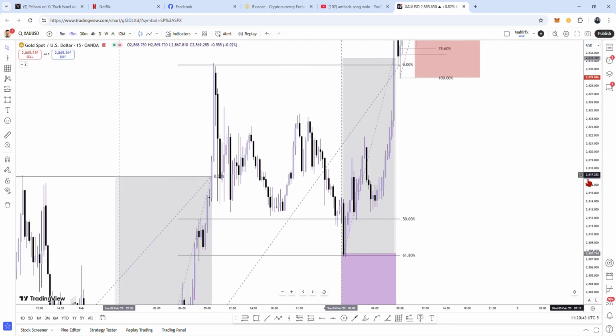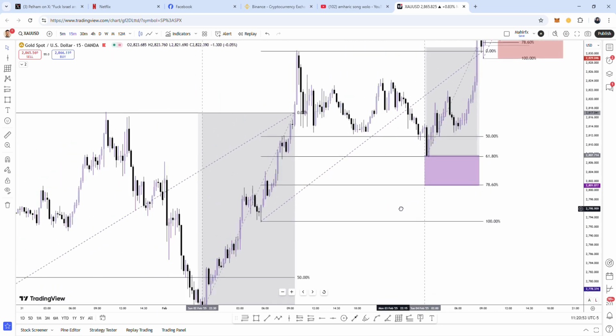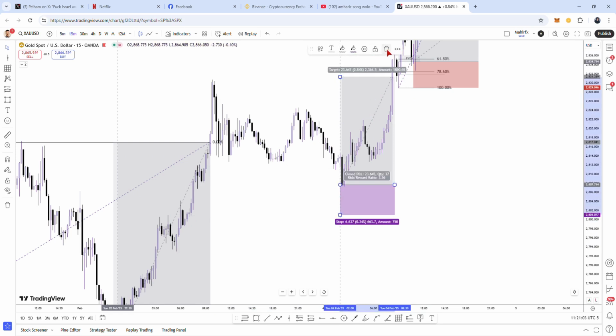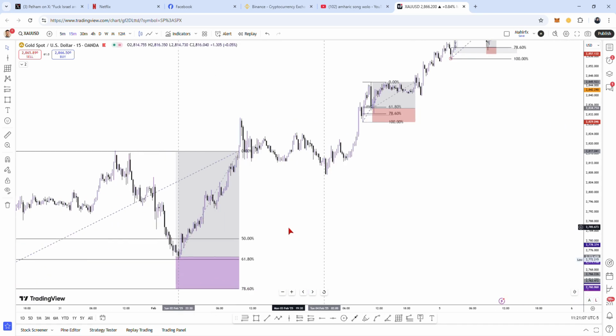So let me check for others. So here is the other trade, marking the swing low and the swing high, and again you have to make sure to correctly analyze which one is which.